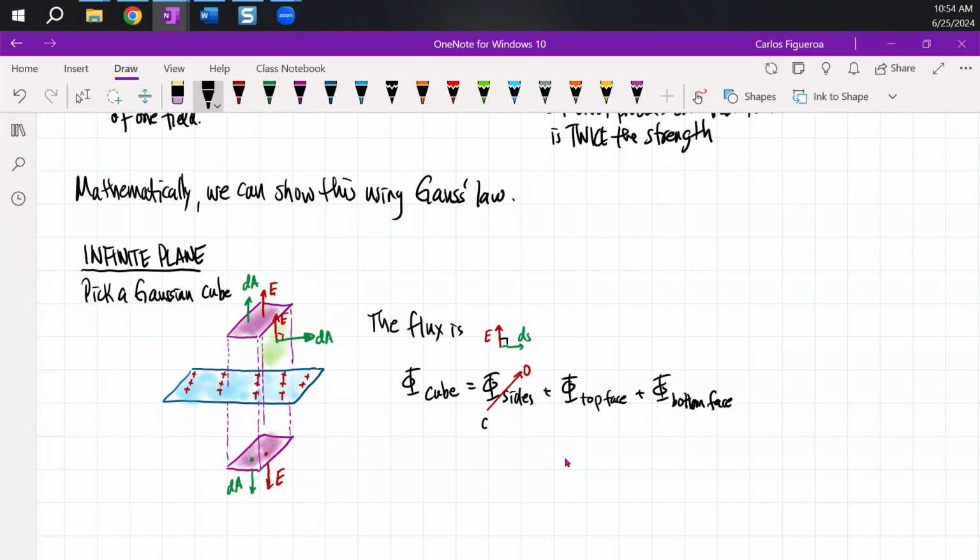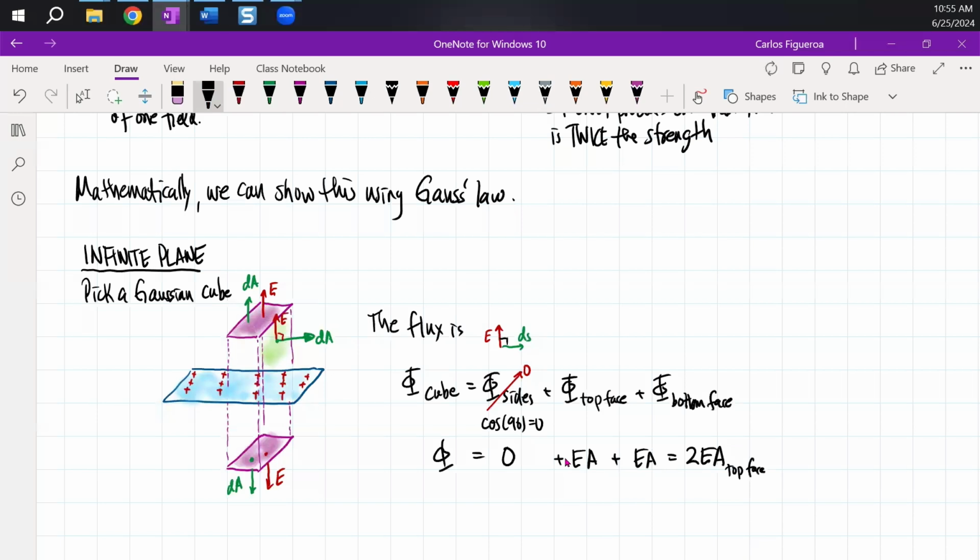This is essentially the cosine of 90 degrees, which is 0. Now these two fluxes have to be the same. So I'm going to get 0 plus E times A plus E times A. So in other words, I'm going to get a flux of 2EA, and this will be just for the top face.